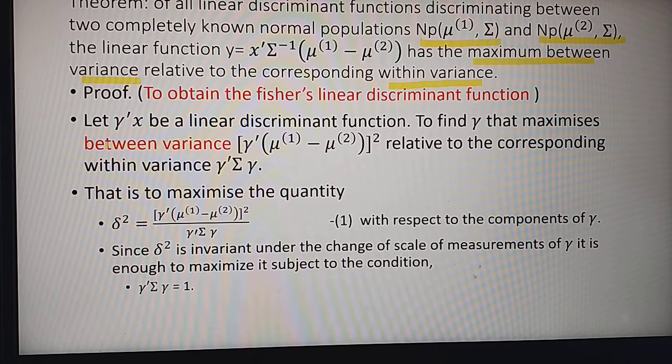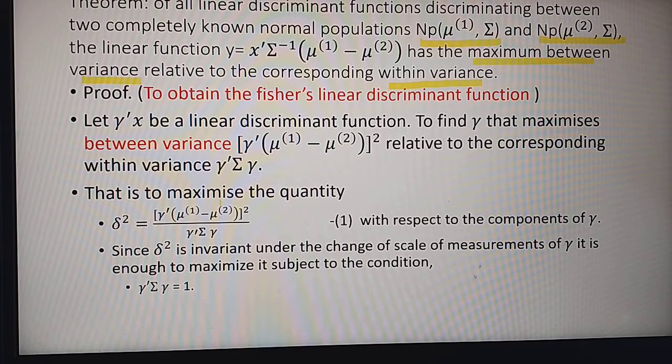Now the proof is very simple. We have the linear discriminant function gamma prime x, and we have to find gamma which maximizes the between variance relative to the corresponding within variance.